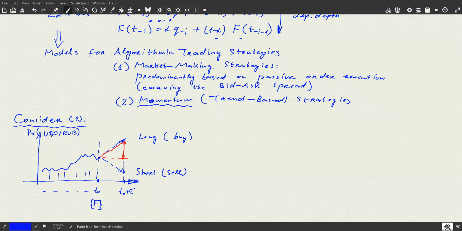So you received a higher price when you short sell it at t0, and then you really get it because it will need to be delivered eventually. You actually get it from the market or close your position at time t0 plus 2, but at a lower price.